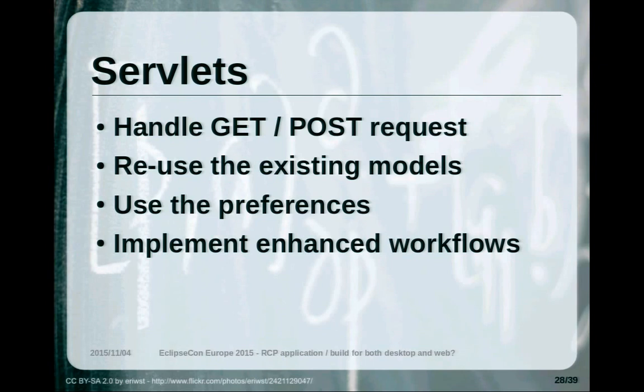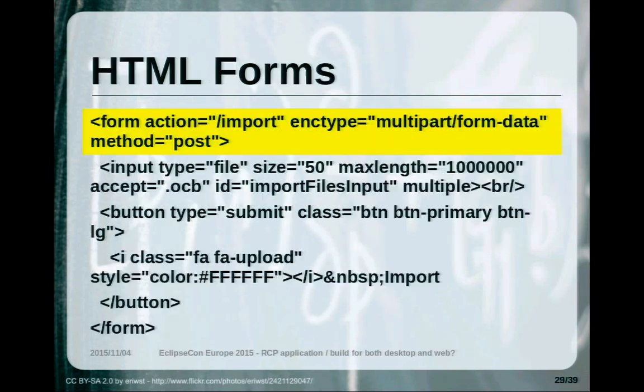And then we can use GET and POST requests to have access to exactly this business logic we already have implemented. It means we reuse existing models. We can use the preferences because we defined our preferences in the model and not in the UI. And the benefit of having a web version is that we can implement an enhanced workflow. So web is much easier to use than a desktop application.